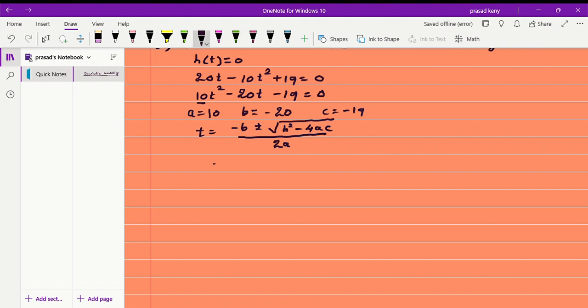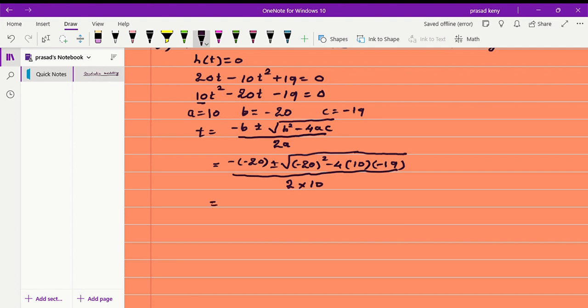So minus b, that is negative of negative 20, plus or minus root b square, that is negative 20 the whole square, minus 4, a is 10, c is negative 19, upon 2a, that is 2 into 10, which is 20.